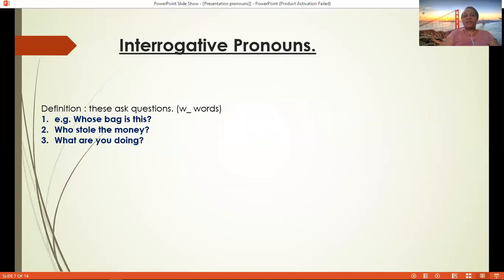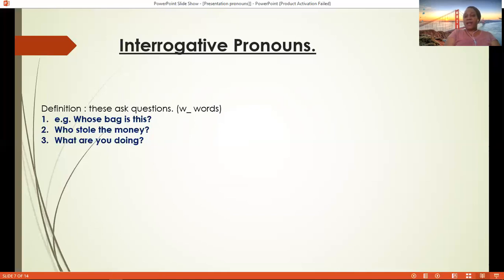Our next pronoun is the interrogative pronoun. Interrogative pronouns. These ask questions. The W are word questions. For example, whose bag is this? Whose is our interrogative pronoun.